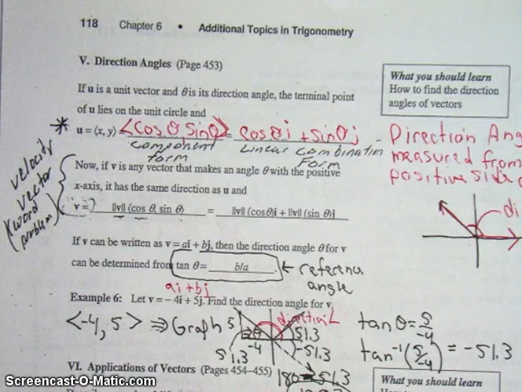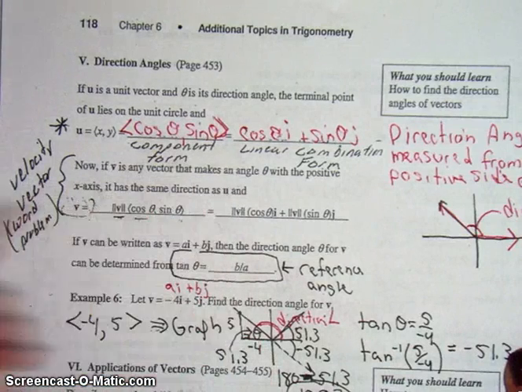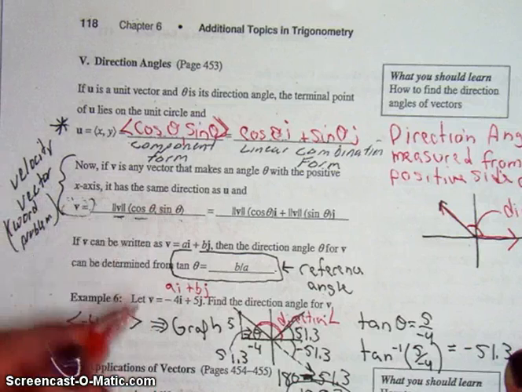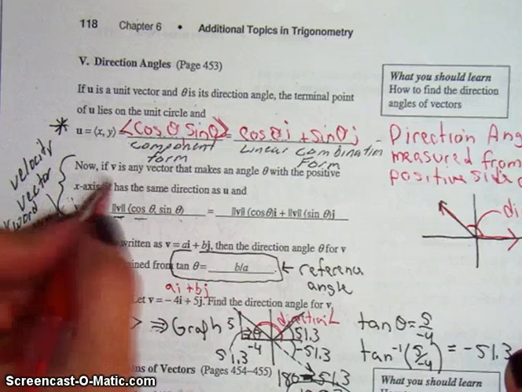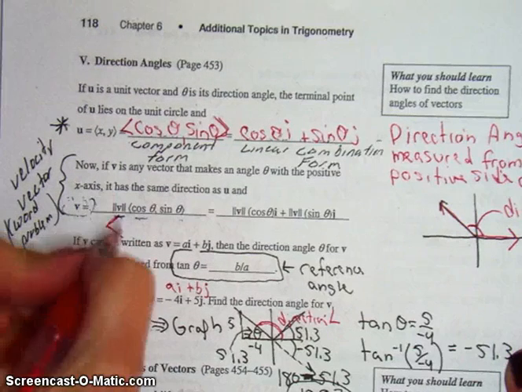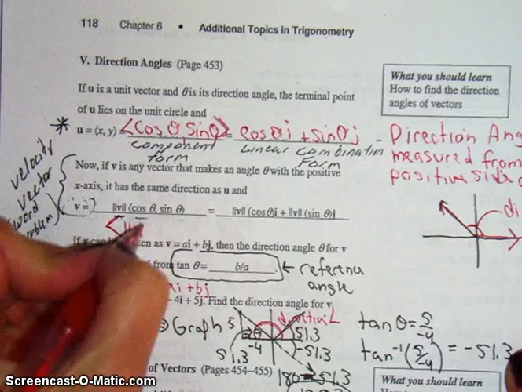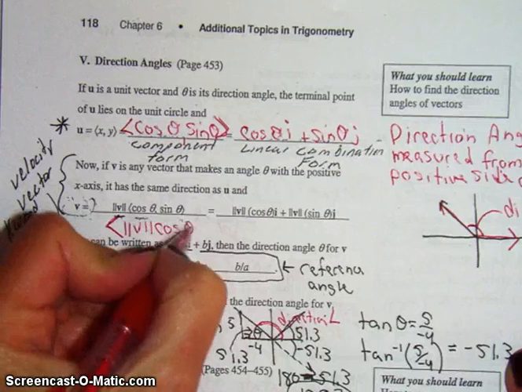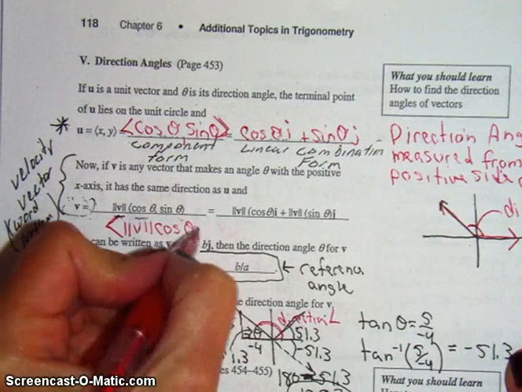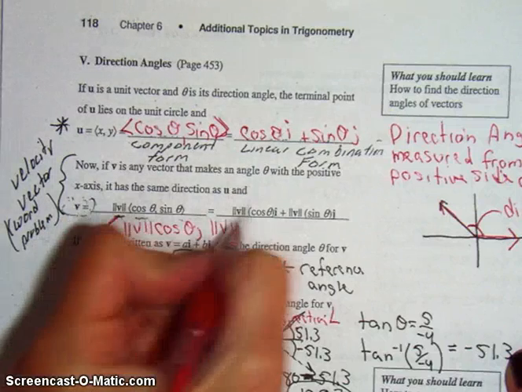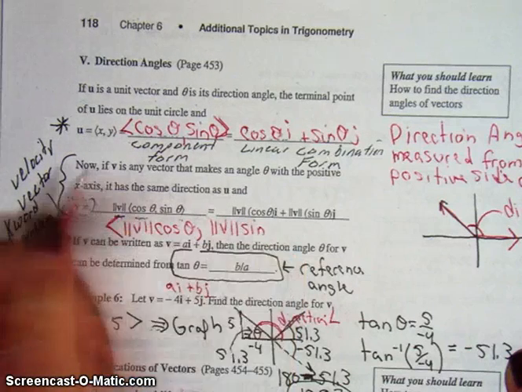The velocity vector is defined as the ordered pair. Actually, I don't like either way that they have it written. It's the component form, and it's the magnitude of the vector times cosine of the direction angle, comma, magnitude of the vector times sine of the direction angle.